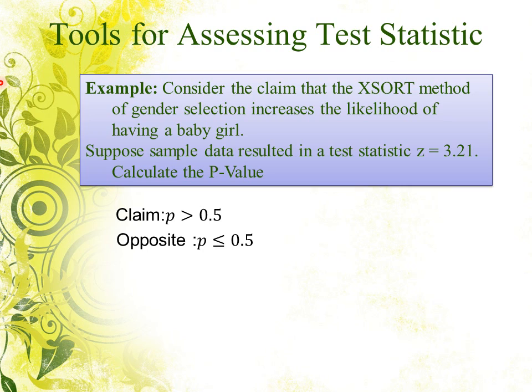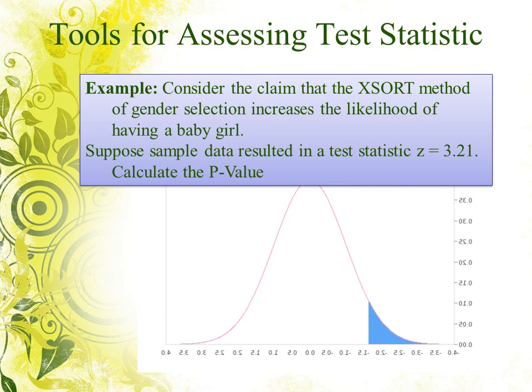Our null hypothesis is going to be, we're going to get that from the p is less than or equal to 0.5 because that is the one that has the equals in it. So that means our alternative hypothesis will come from the other statement, in this case the claim p is greater than 0.5. So now that we know what the alternative hypothesis is, we know this is a right-tailed test.